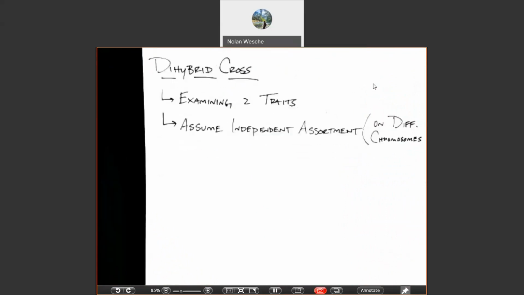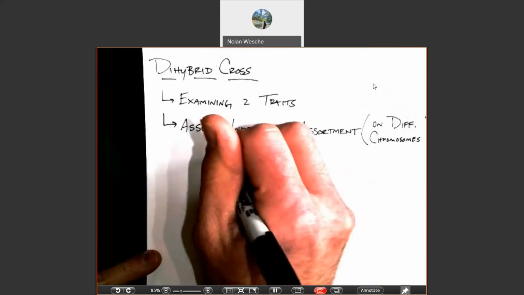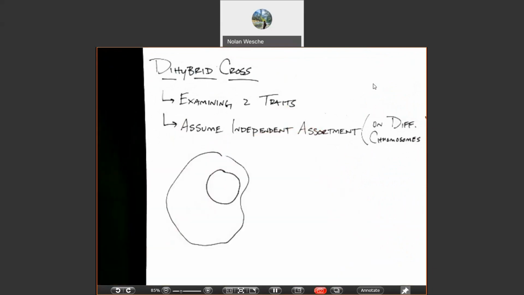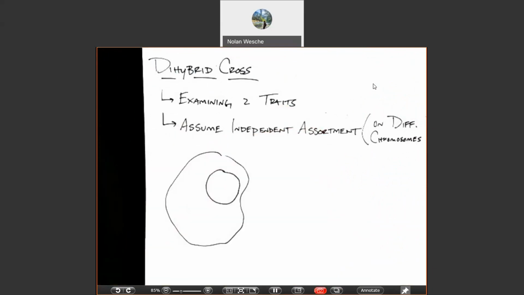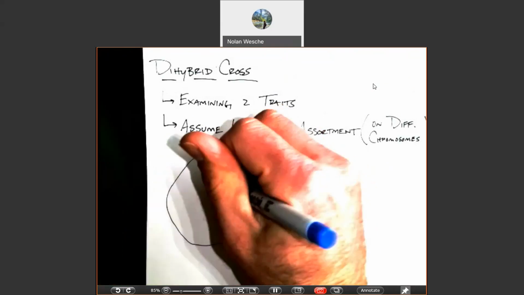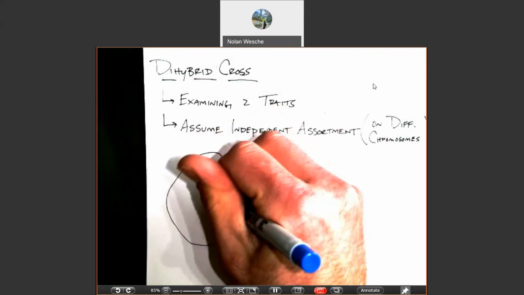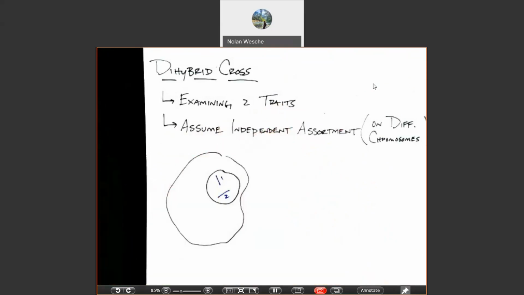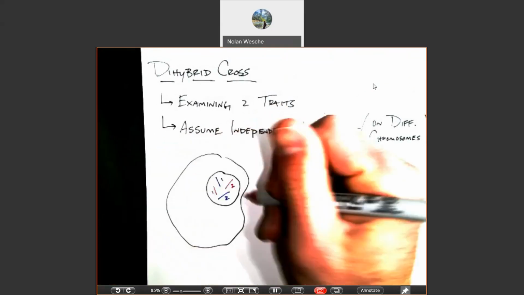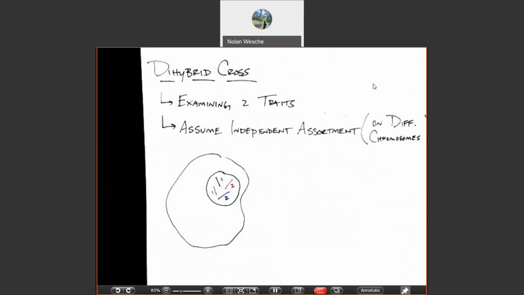All right, so we're going to sketch out what we're talking about here. Here's a cell, here's the nucleus. And similar to how we've operated in the past, we're going to show these chromosomes. So here's chromosome 1 from dad, chromosome 2 from dad, here's chromosome 1 from mom, and chromosome 2 that is individually received from mom.